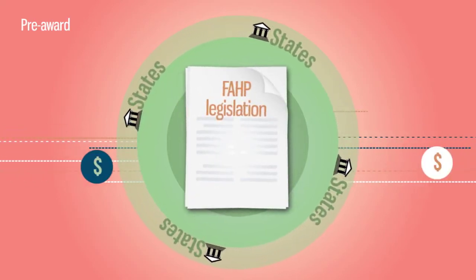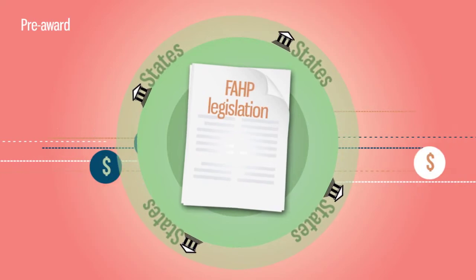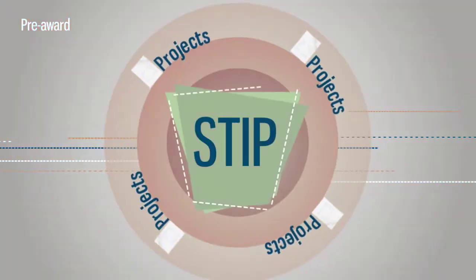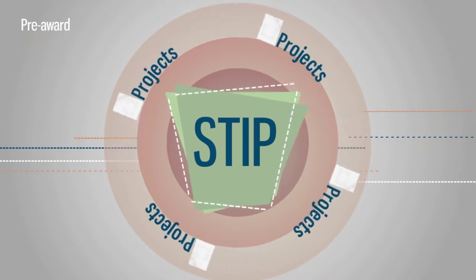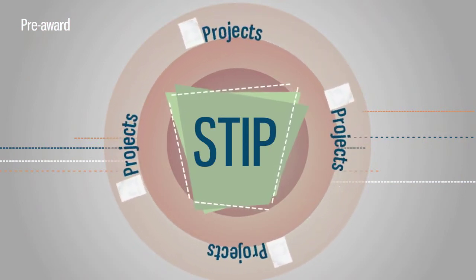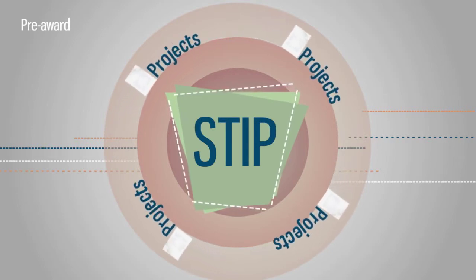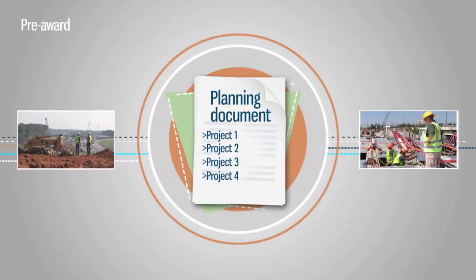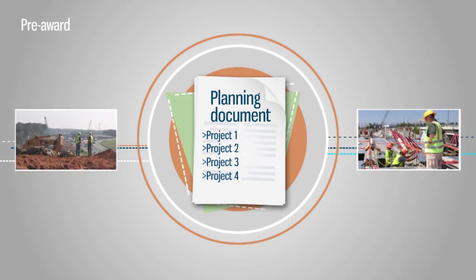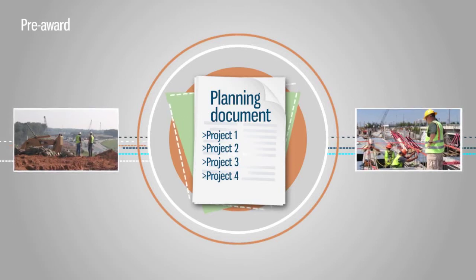While no application is required, planning requirements of the Federal Aid Highway Program dictate that states program projects to the funds they receive in an FHWA-approved State Transportation Improvement Program, or STIP. This planning document is a prioritized, statewide listing of transportation projects expected to receive federal funding within the next 4 years.